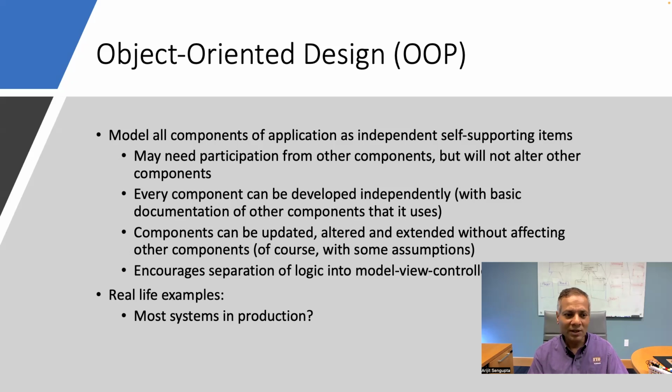What kind of things do they have? What is nice about that is that every component can be developed independently. We will see an example today where we can develop every little thing independently. We can test them independently, update them independently, and use them independently.